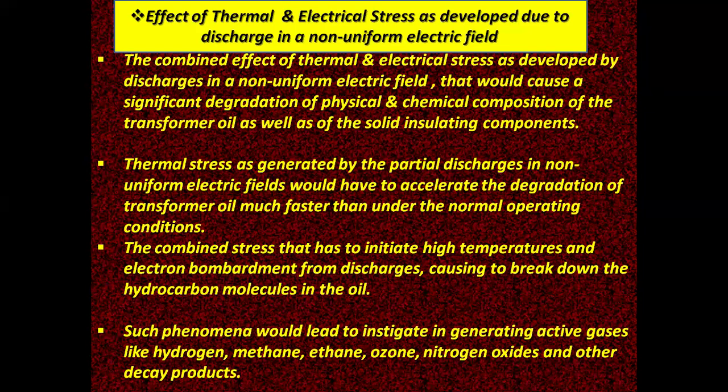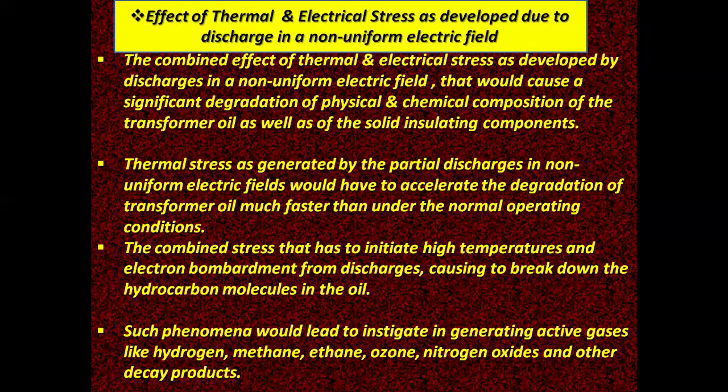Effect of thermal and electrical stress as developed due to discharge in a non-uniform electric field. The combined effect of thermal and electrical stress developed by discharges in a non-uniform electric field would cause a significant degradation of the physical and chemical composition of the transformer oil as well as of the solid insulating components.